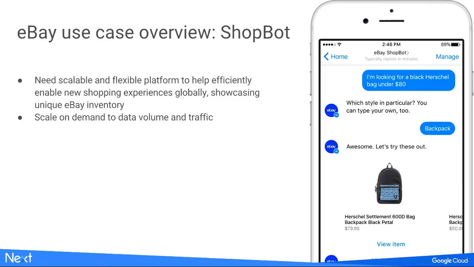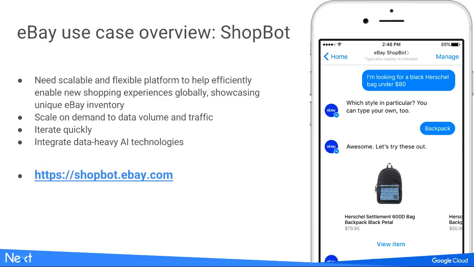We wanted a platform that allows us to scale on demand with data volume and traffic. We wanted to be able to iterate quickly and integrate with data-heavy AI technologies.